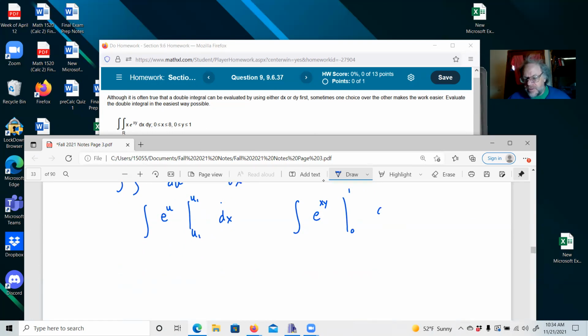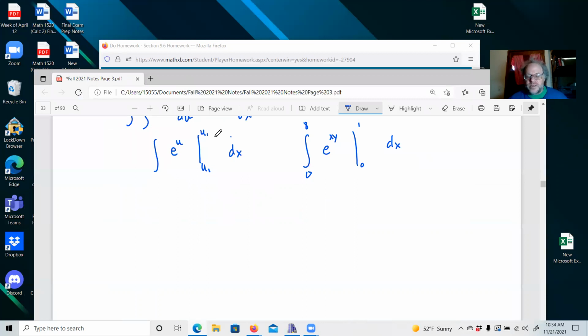Then we still have a dx, and x had limits between 0 and 8. So that's how I chose which direction to do it in: because the du ate up the complicating factor of that integration by parts, the thing that made it integration by parts. It got used up in the du. I don't need to deal with it.